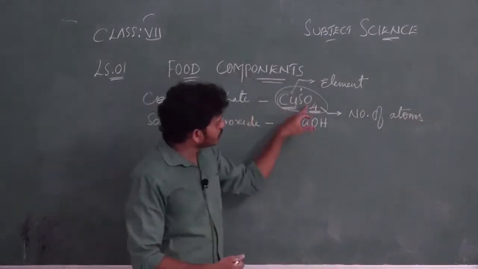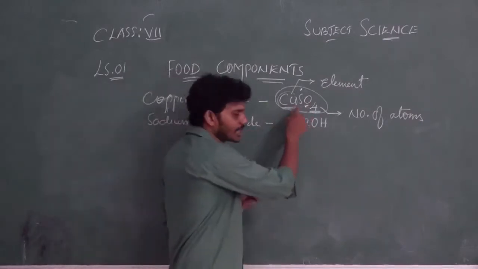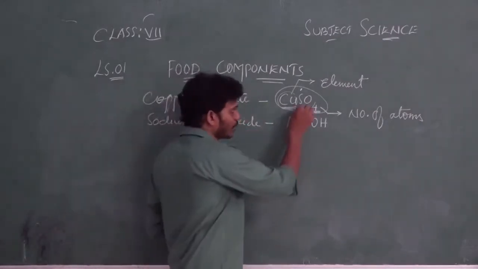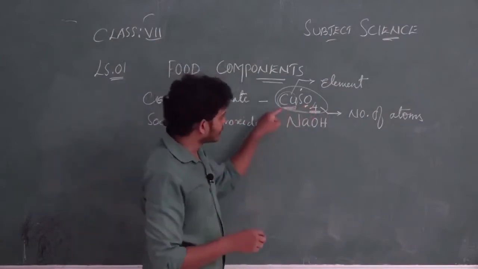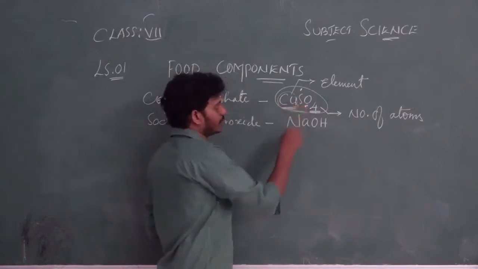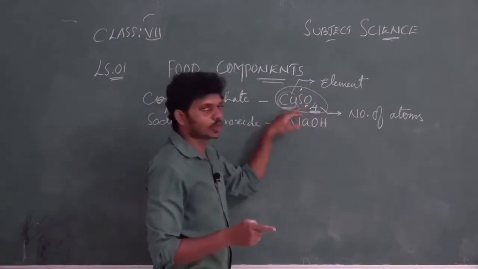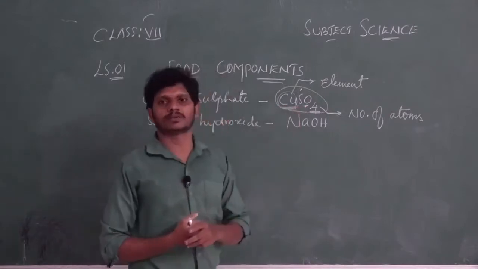How many atoms of oxygen are there? 4 atoms of oxygen. How many atoms of sulfur? Only 1. Here no number is present, which means 1 atom of sulfur is present. At the same time, how many atoms of copper are present? Only 1. For 1, we need not show a number. If no number is present, it means 1 atom is present.